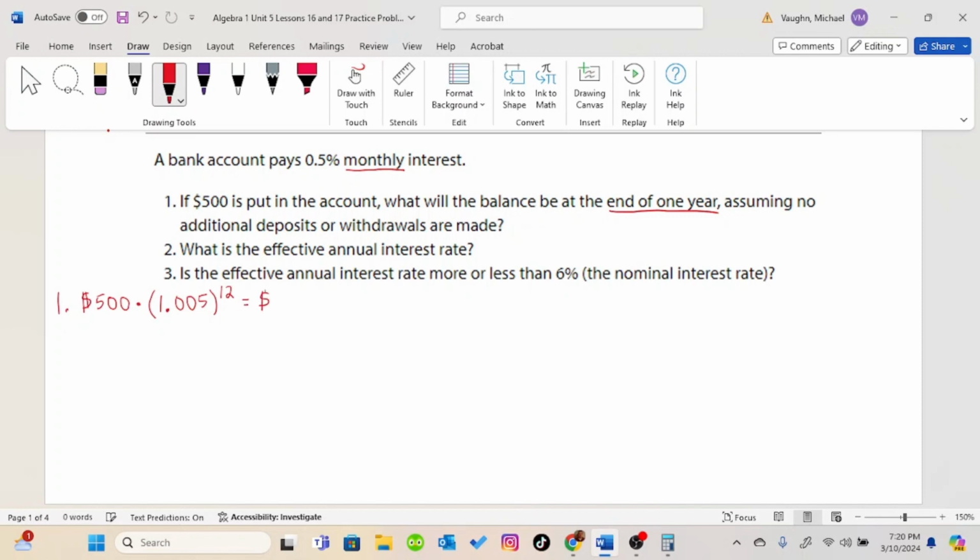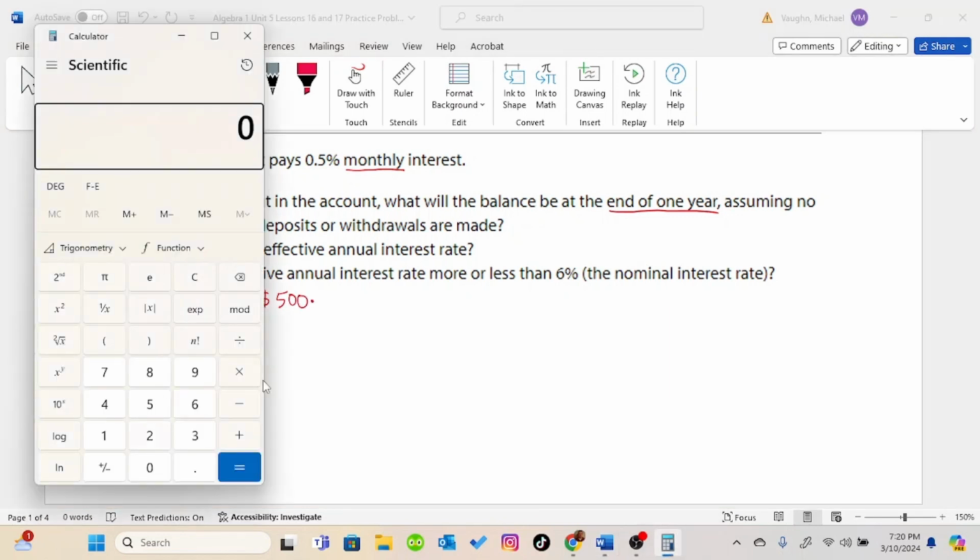By order of operations, we do the exponent first. So 1.005 to the power of 12 equals 1.062.